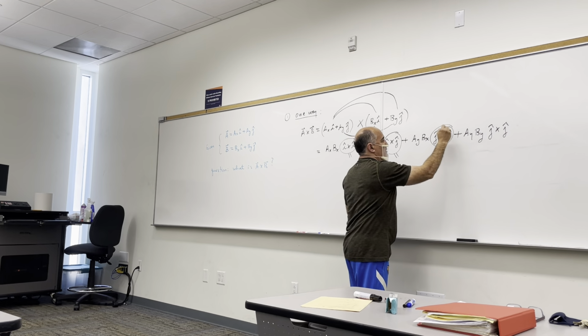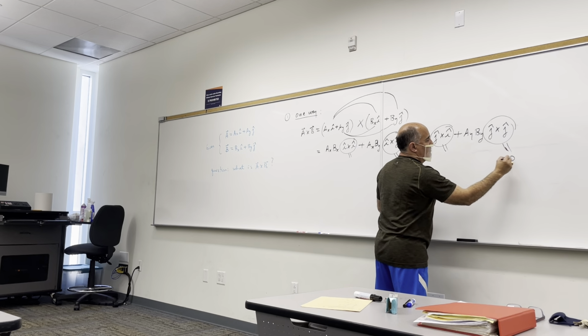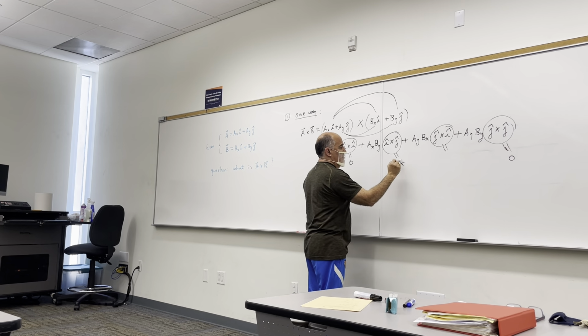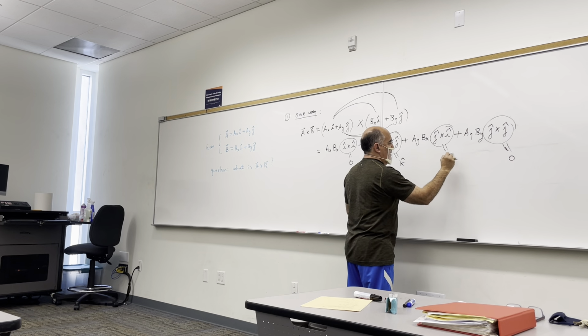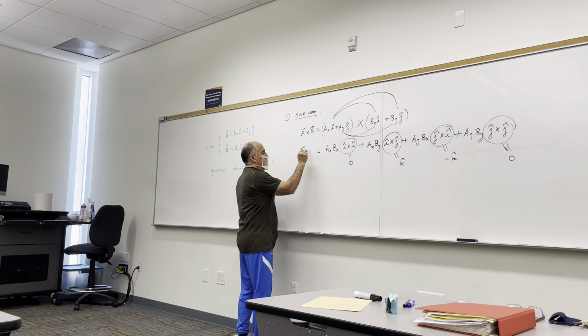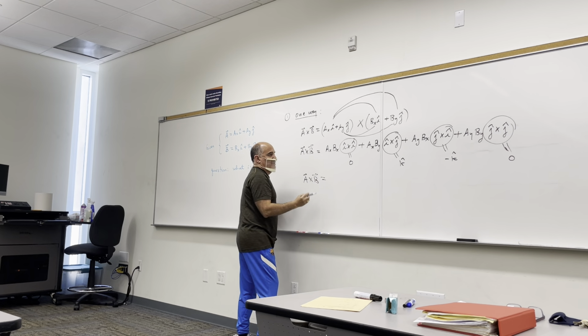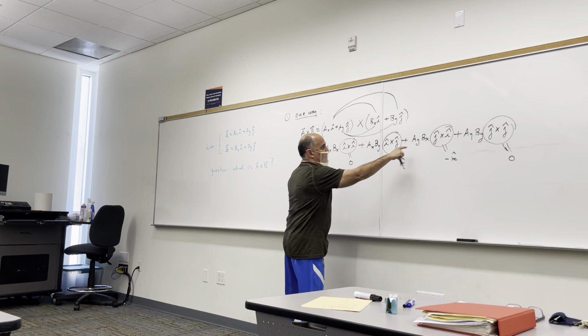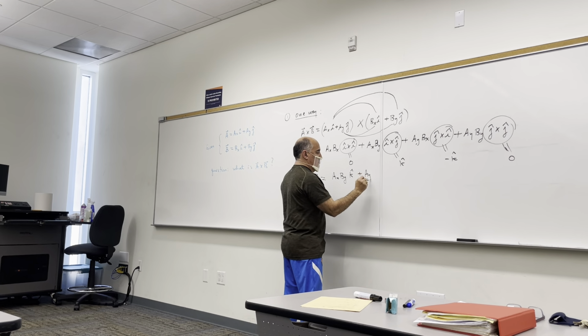Well, this will be 0, right? And this will be 0, and i cross j is k, and j cross i is minus k hat. So therefore this is going to be 0, so it'll be AX BY k hat plus AY BX times minus k hat.